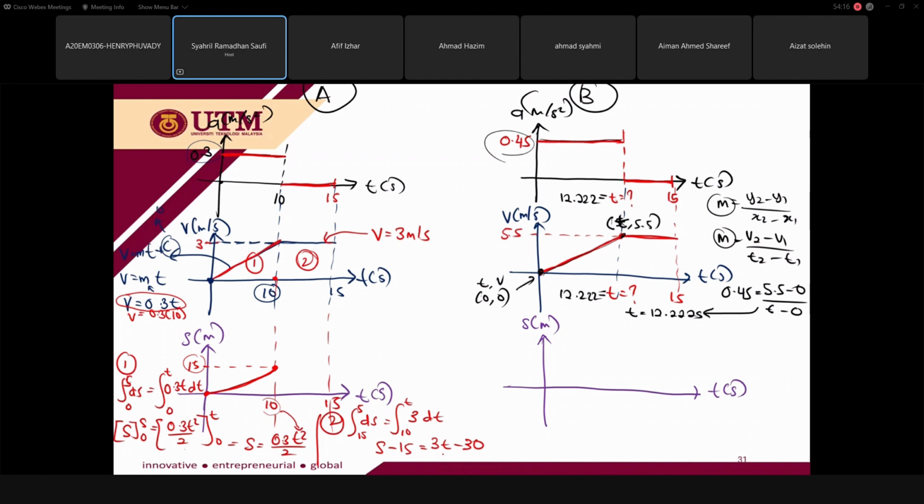If you rearrange the equation, you will get s equals 3t minus 15. This is for the second section. If you substitute the value 15 here, you will get 30. If you integrate a positive constant, you will get a positive gradient line. So actually, if I can redraw it.